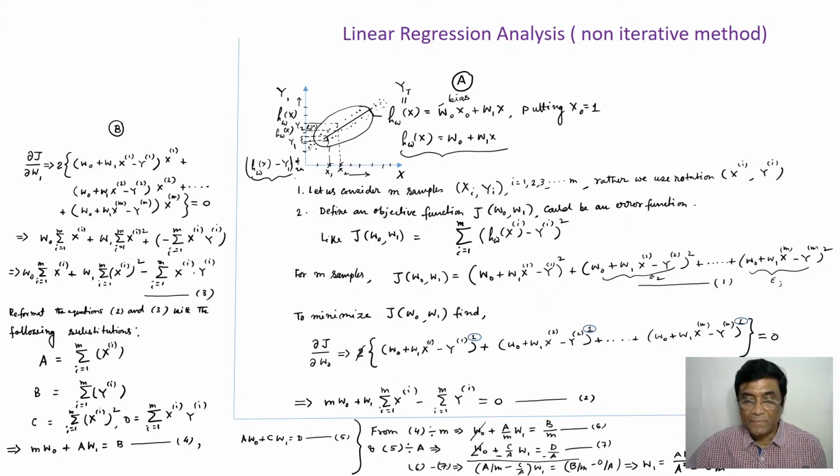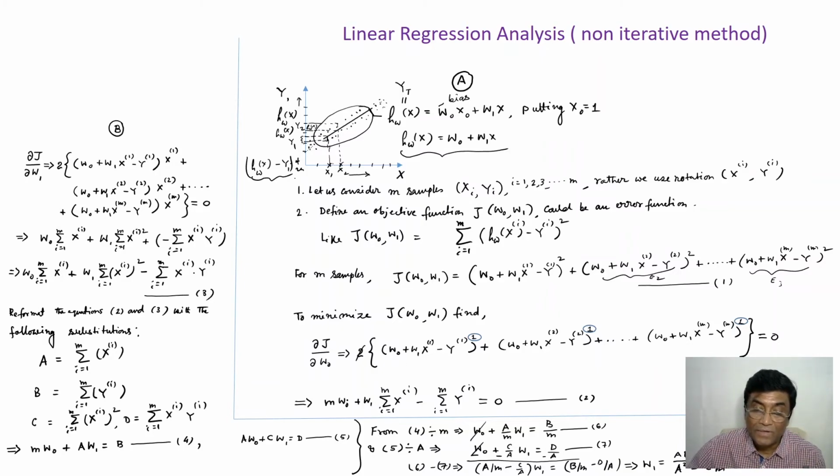plus W1. You see here, W1 is coming out, and the W1 is attached with each sample times x. So x1, x2, x3, with every xi, I have a W1.